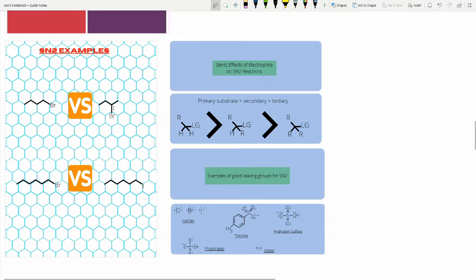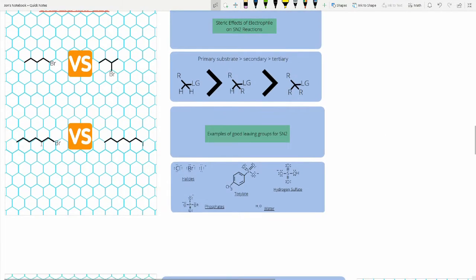On the right, it looks like we have a secondary substrate because the bromine is attached to two carbons. Now, if we look at this flashcard on the right, SN2 reactions prefer primary substrates over secondary. So the compound on the left will be better for SN2 reactions.